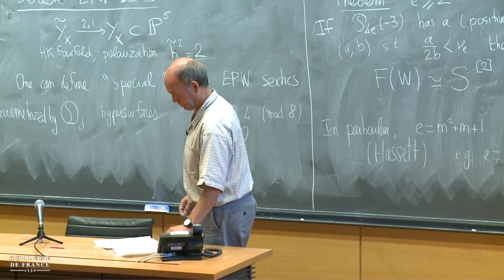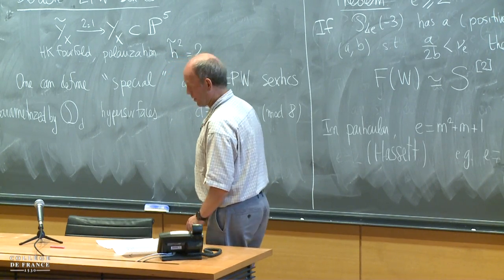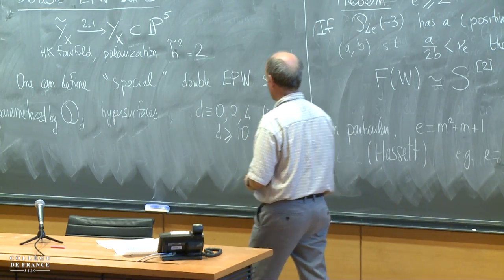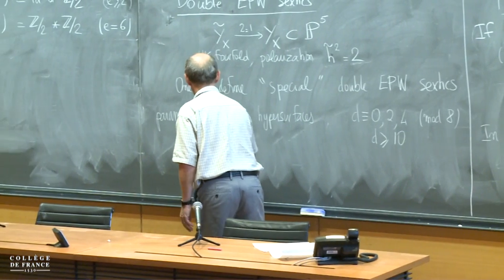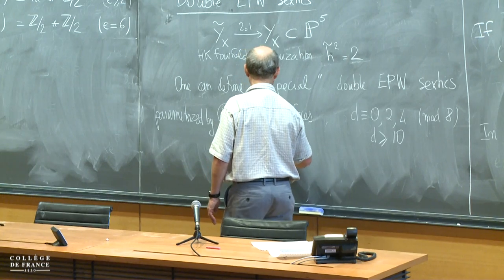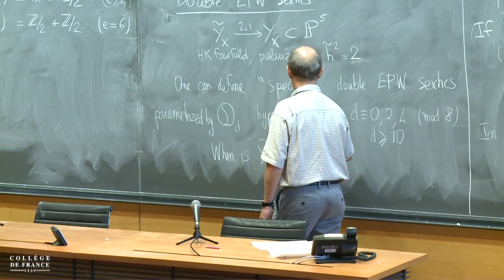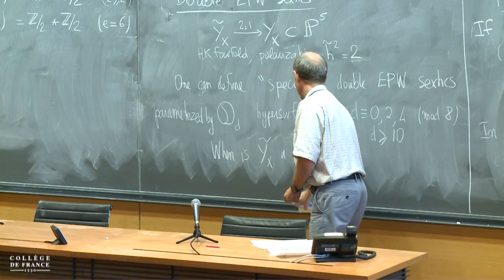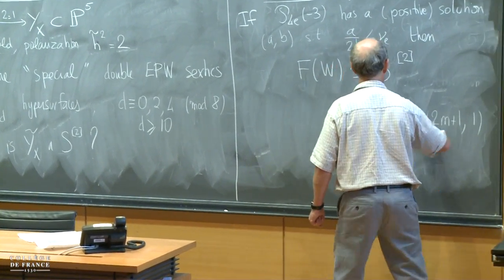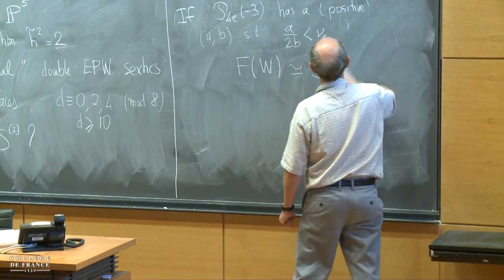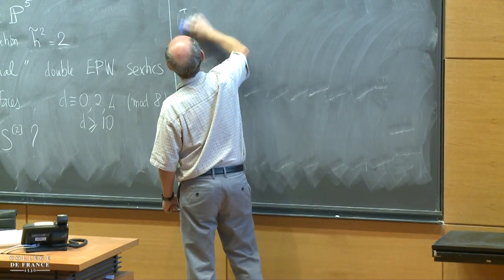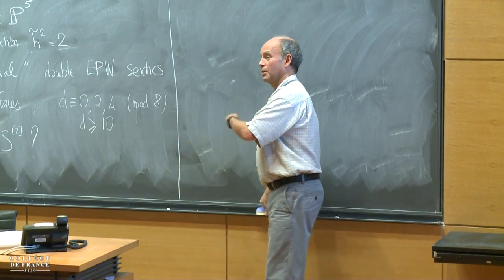And so again, you can ask when is this double EPW sextic a Hilbert square? Same procedure.